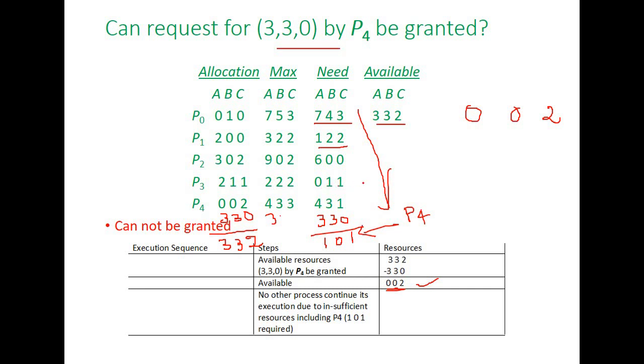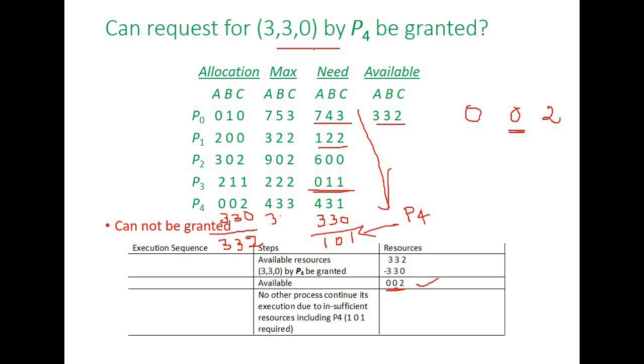P3 requires 011. So for P3, resource C is available, whereas resource B is not available. So P3 also cannot start its execution. P4 requires 101 resources, but available are 002. So P4 also cannot start its execution because of insufficient resources.